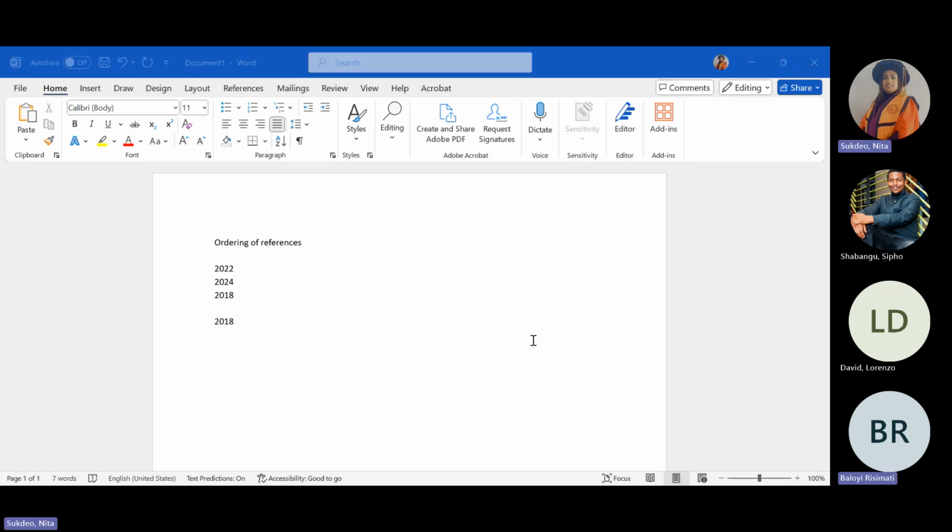Yes, Prof. All right. So that's the first way of ordering your references. You state your claim and then you say, as stated by Smith 2018. And then you write another sentence and say, this is concurred by Andrew 2024.